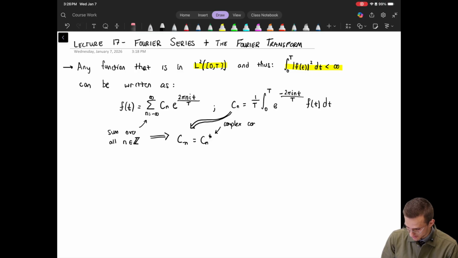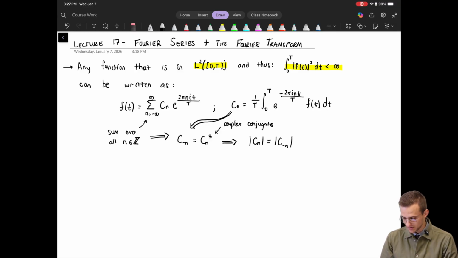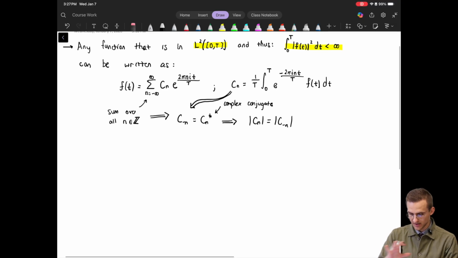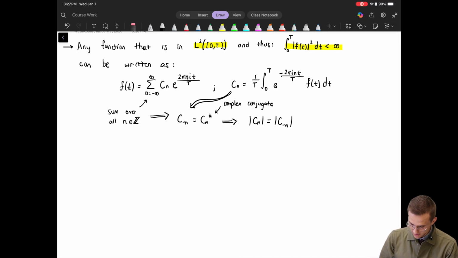Remember, the way you calculate a complex conjugate is you find wherever i is in the expression and you multiply it with -1. That also implies that the complex modulus of Cn is equal to the complex modulus of C minus n. So in other words, when you calculate the Cn's, they're kind of mirrored about n equals 0.